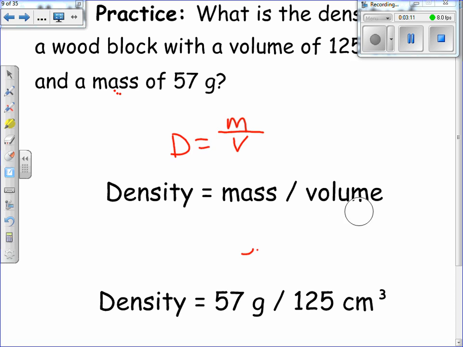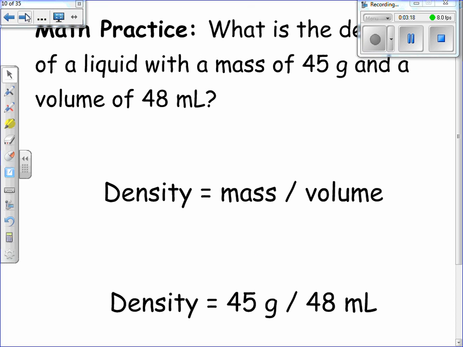Okay, let's do another one. What is the density of a liquid that has a mass of 45 grams and a volume of 48 milliliters?